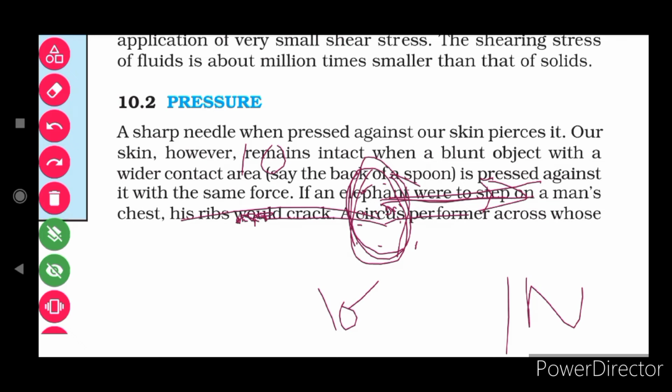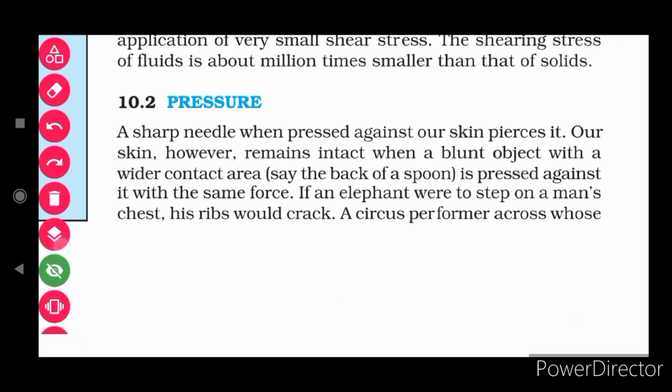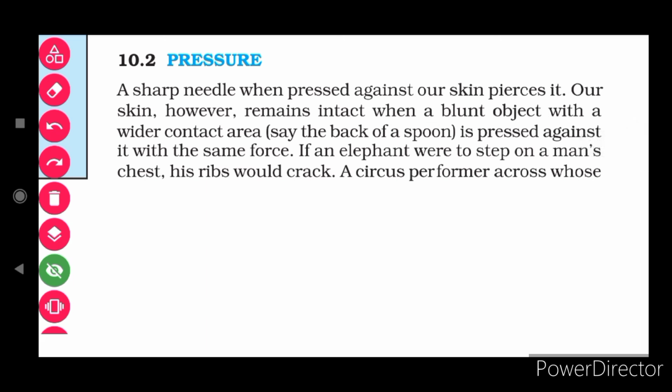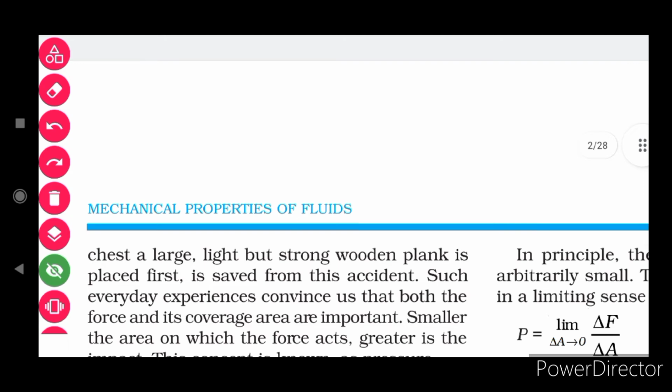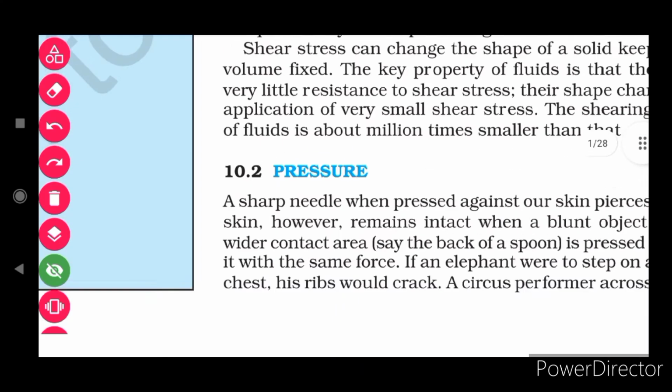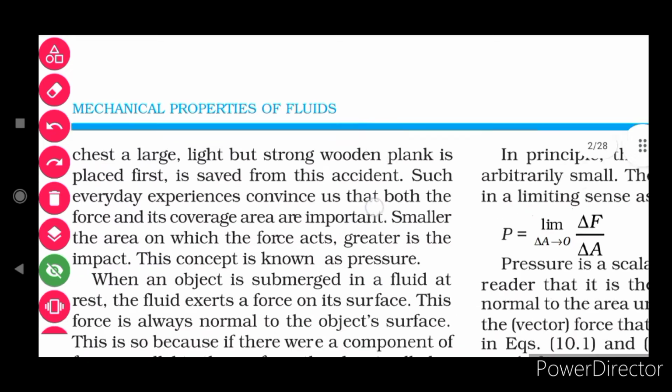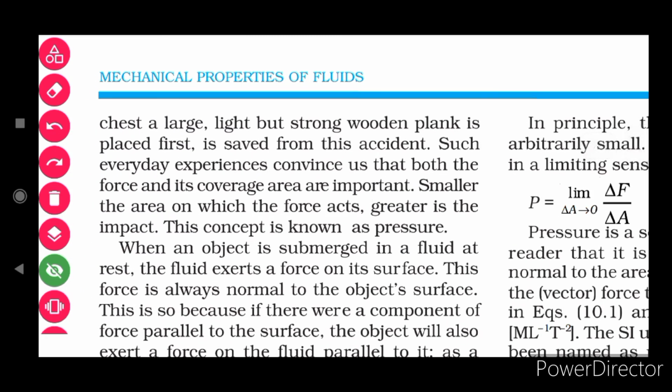There are some other examples given, like the elephant in the circus. If an elephant puts his foot on a man's chest, definitely he's going to die, his ribs would crack. But in a circus, they put a very big plank, and then the elephant puts his foot on the wooden plank on the man, and his life is saved.